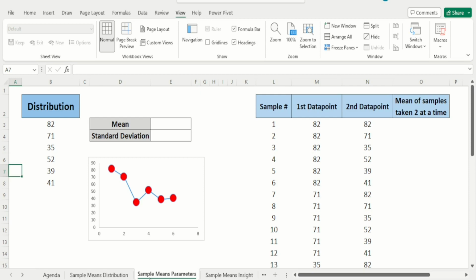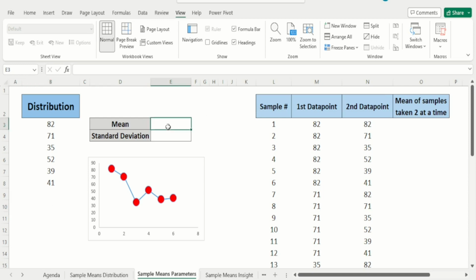So what you see on the screen right now is a distribution in column B. You have these numbers here all the way from 82, 71, 35 all the way till 41. It's just a randomly selected set of numbers. So when we look at this distribution, in our case right now, this is our entire population. So what is the mean of that population?